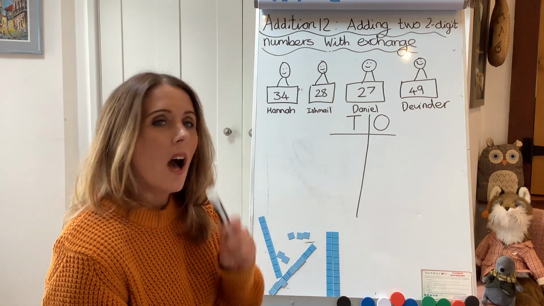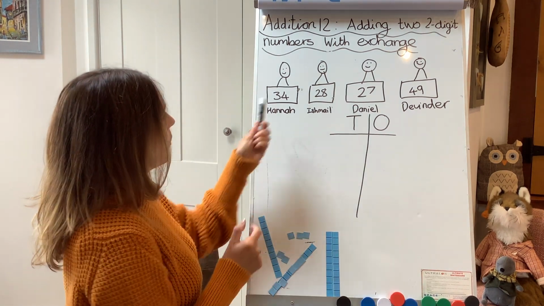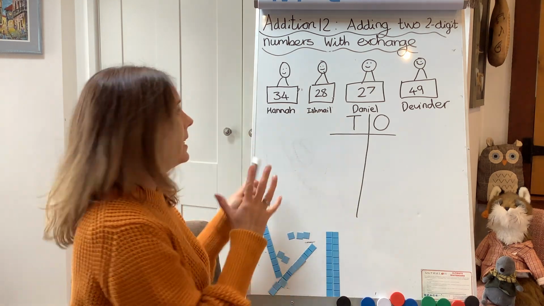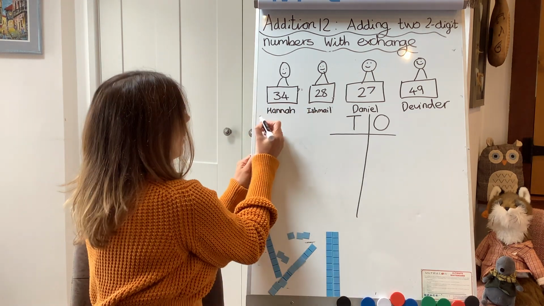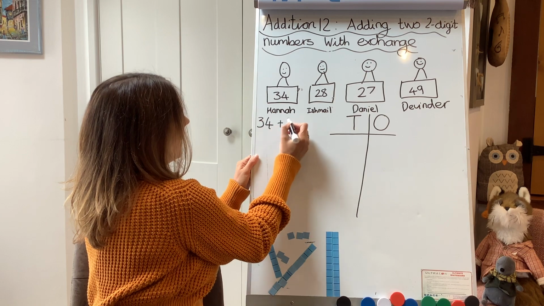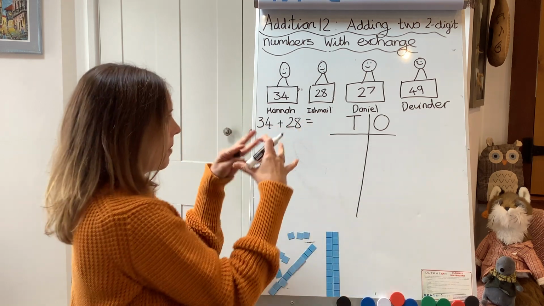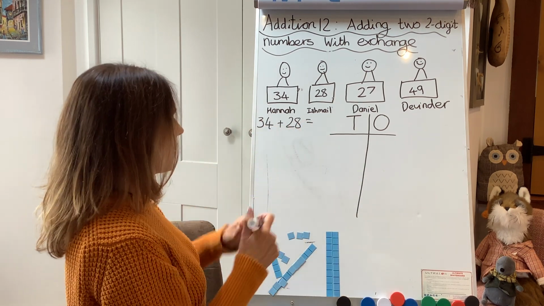Okay, so hopefully, I hope you started with the number 34 because it's easy to start with the bigger number. So we've got 34, add 28. We want to know when we combine it, we add it, what does that make?